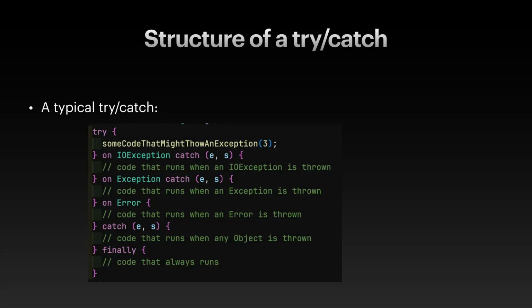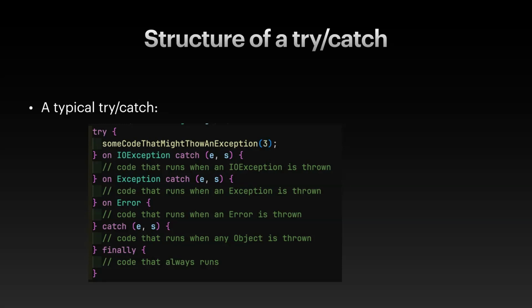Now, just as a little bit of a refresher, let's look at a typical try-catch block and what it looks like in the code. We have try and a block of code. That block is being run with exceptions being handled, caught.